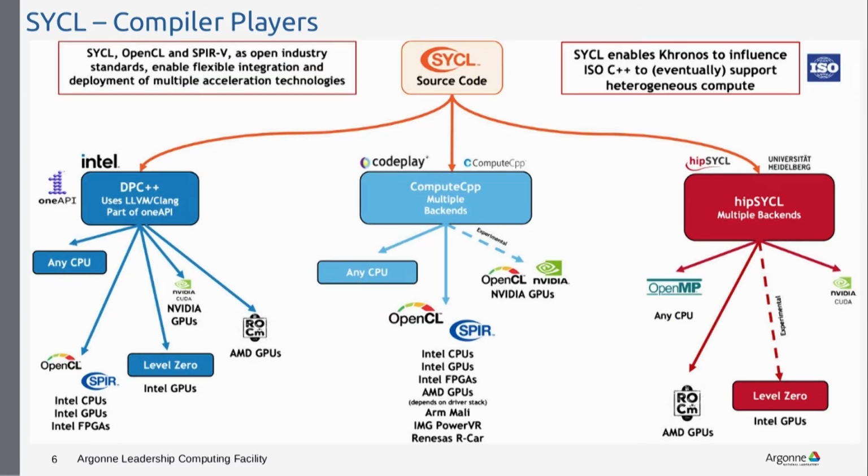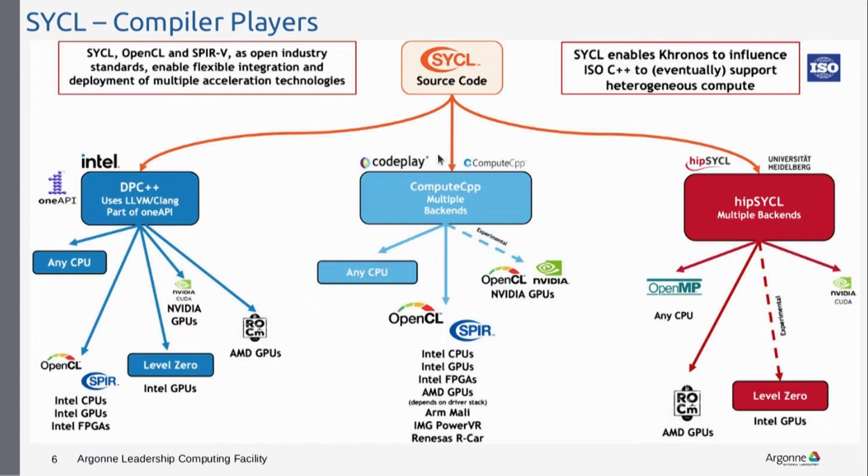So who are the players currently? There are three major players who are developing compilers which are performant, I would say. The first one is Intel, and the oneAPI DPC++ is what I was talking about earlier. DPC++ is nothing but Data Parallel C++ based on LLVM. And there is Codeplay from the UK.